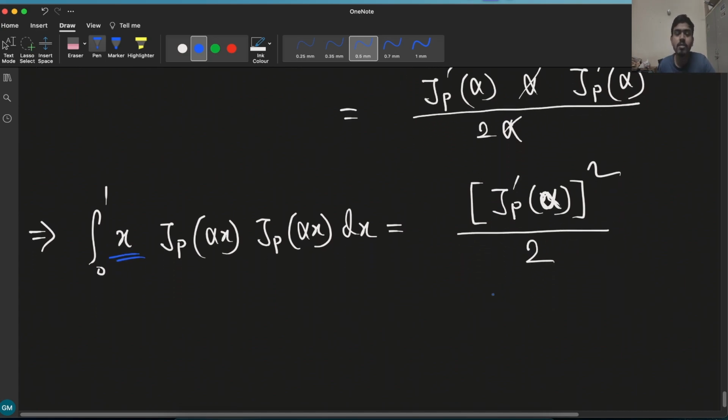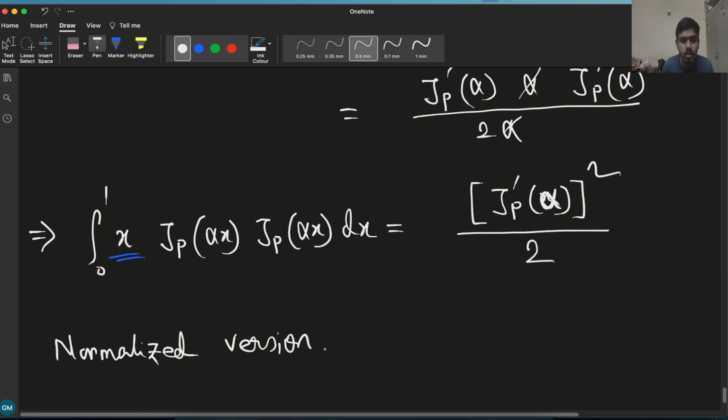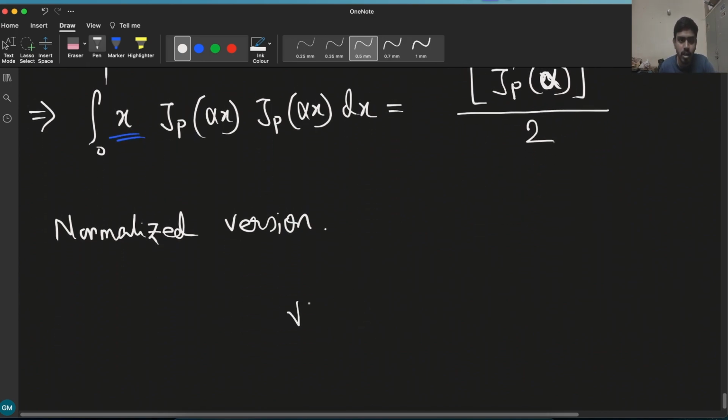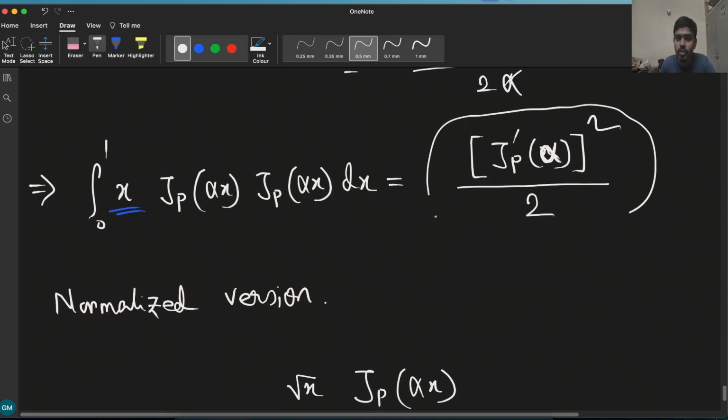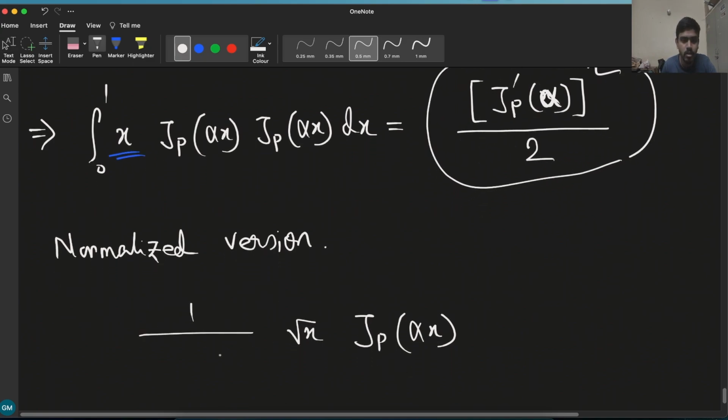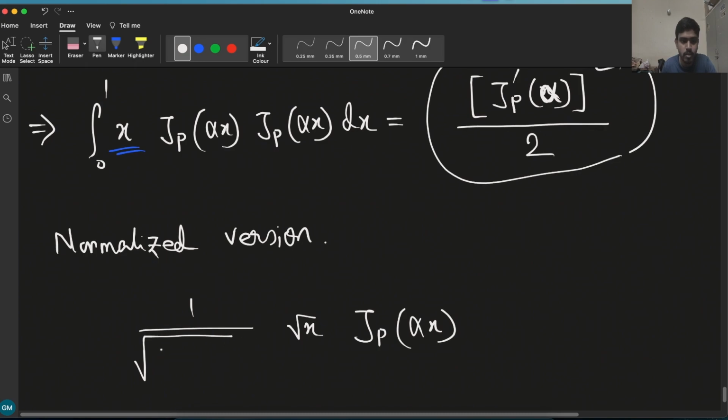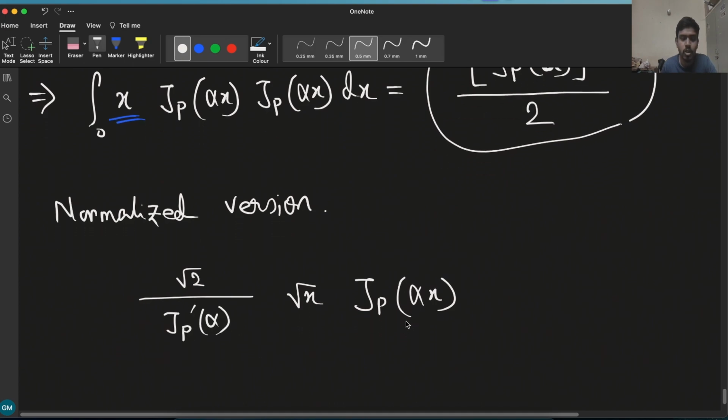In order to normalize these Bessel functions, the normalized version is basically root x Jp(alpha x) divided by the square root of Jp'(alpha) square divided by 2, which is nothing but root 2 divided by Jp'(alpha). So this is a normalized version.